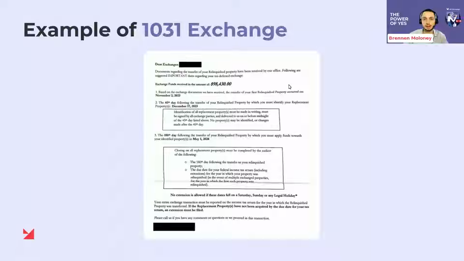So let's put this into English and give an example. If I sell a property for $100,000, then I'm going to be capped at $200,000 of additional properties. So I could purchase, for instance, 4 properties at 50,000 each, and then that would be the cap.